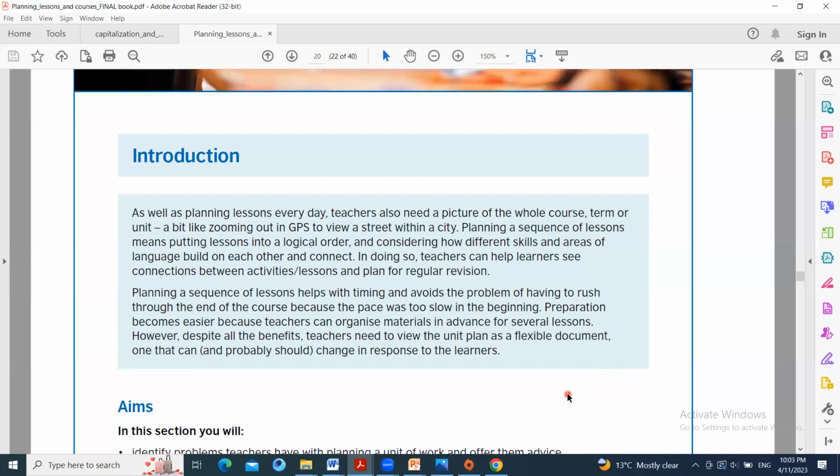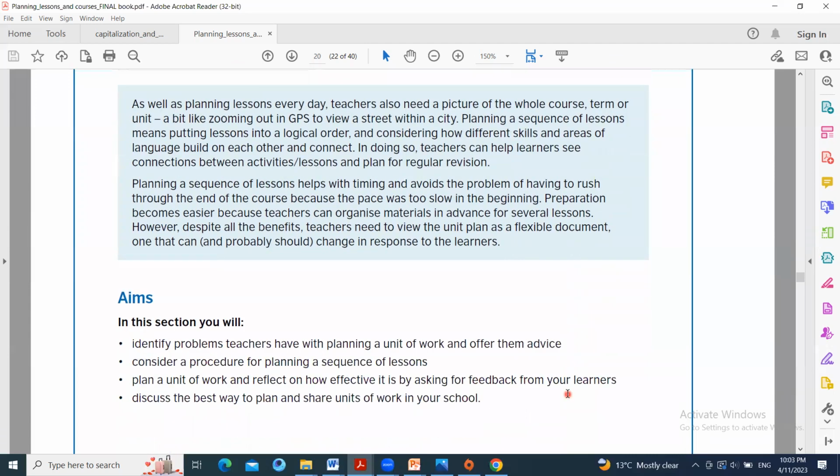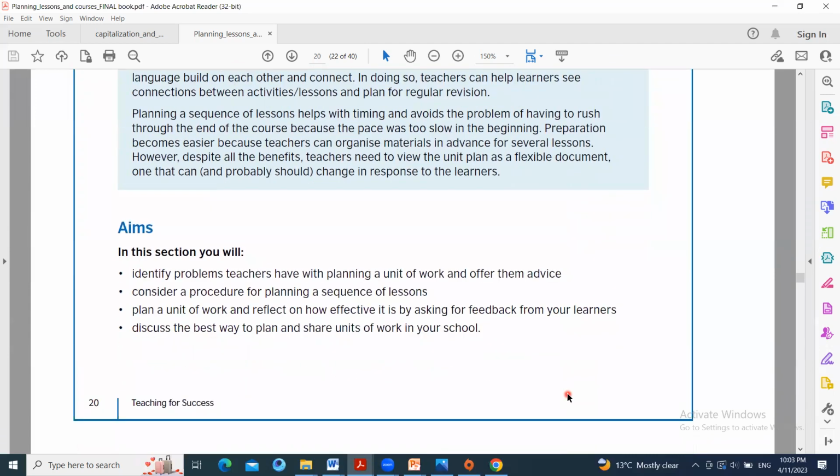So, what about our aims for this lesson? In this section, you will identify the problems teachers have with planning a unit of work and offer them advice. Also, you will consider a procedure for planning a sequence of lessons.